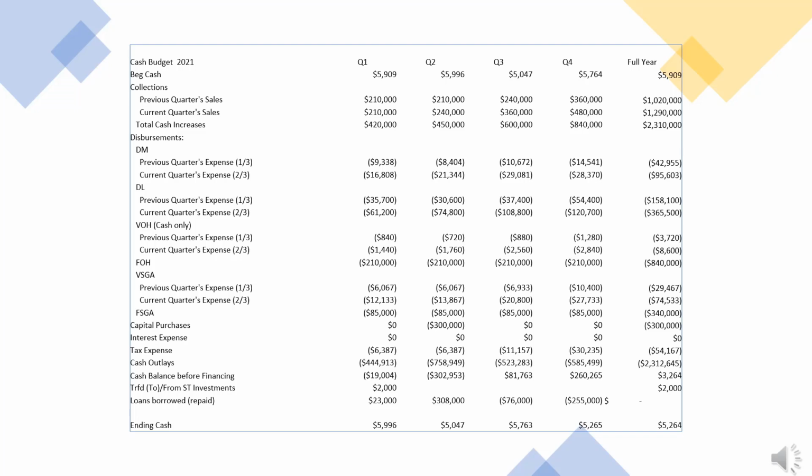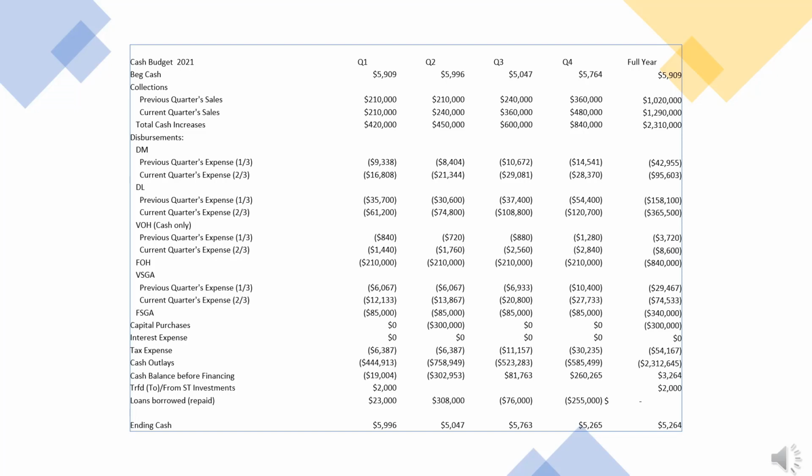Same with the variable overhead. And remember, this is the manufacturing overhead, and we're only going to look at the cash portion of that. So my fixed overhead is $210,000, not $270,000.